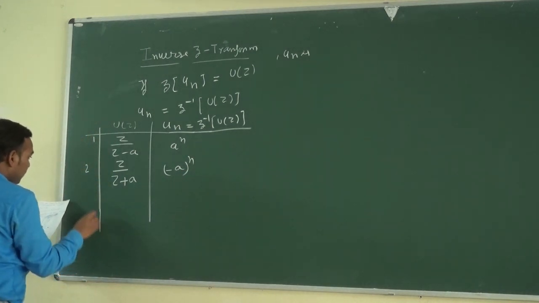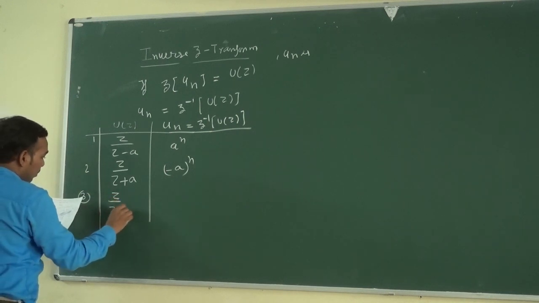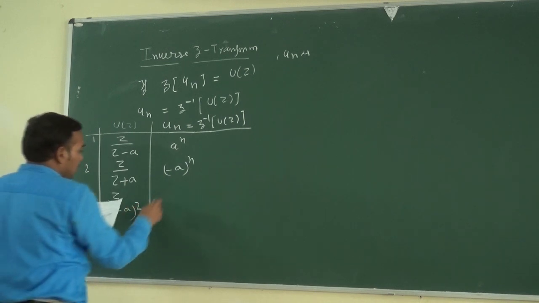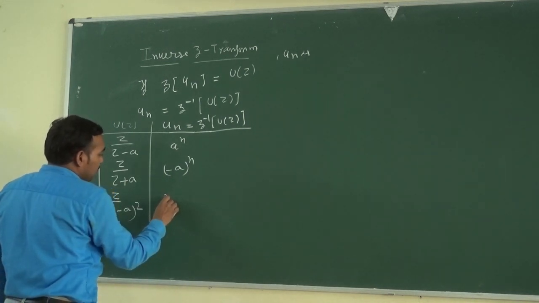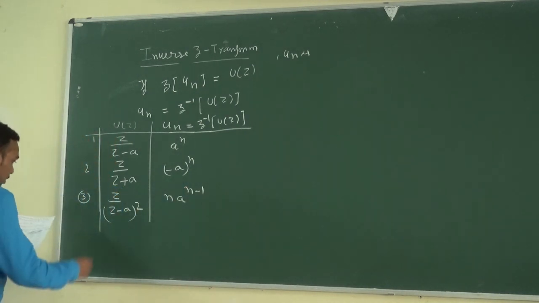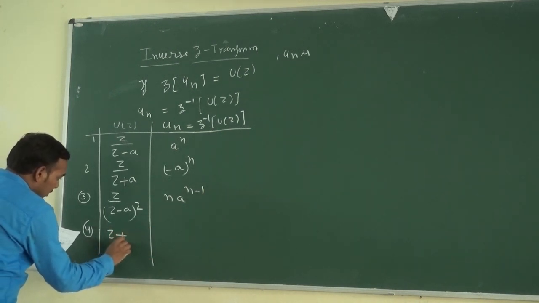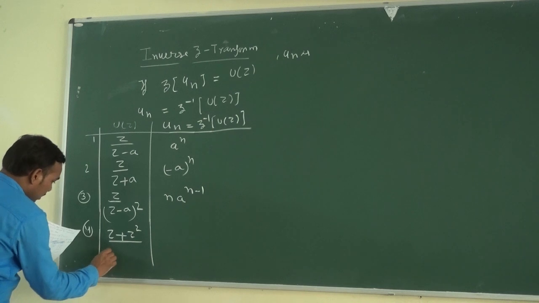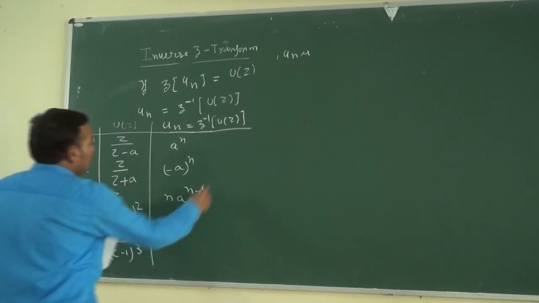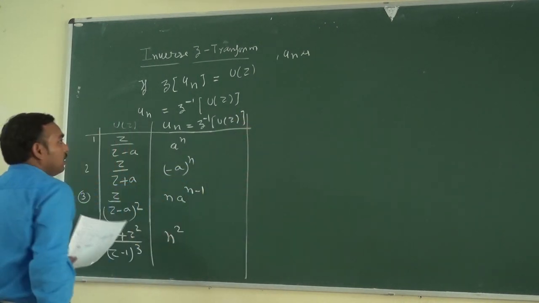Now if z upon (z minus a) whole square, then the inverse Z transform is n a to the power n minus 1. And one more: (z plus z square) upon (z minus 1) cube, whose inverse Z transform is n square.